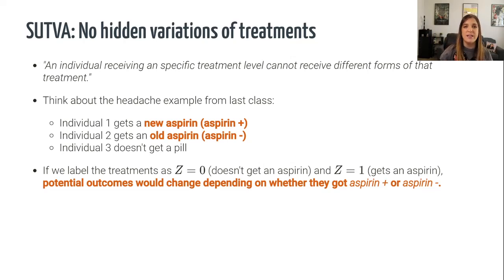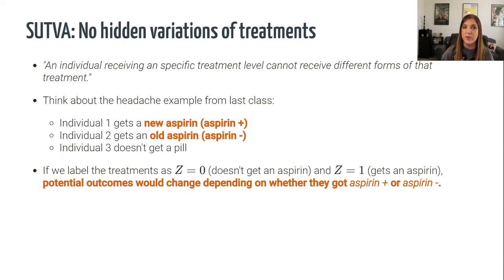So if there's a probability for me to get either the new aspirin or the old aspirin, and we just label it aspirin, then depending on which aspirin I get, my potential outcomes would be different. And we're thinking that under a treatment assignment, my potential outcomes need to be fixed. That's the hidden variation of treatment in that case. So that's also important to consider.